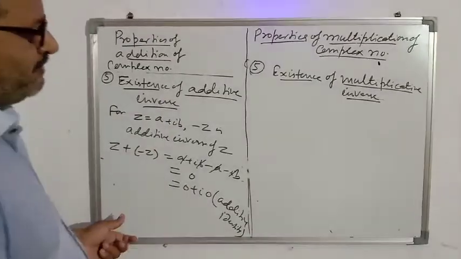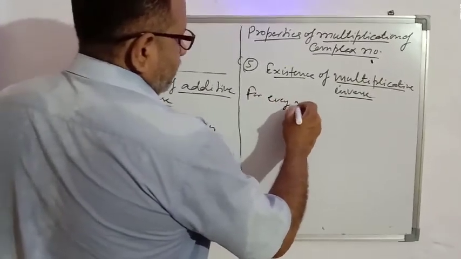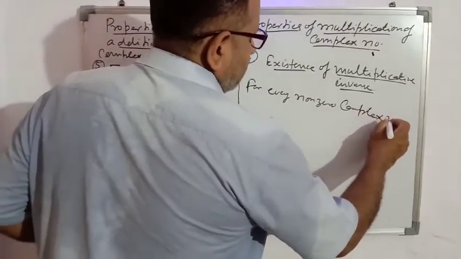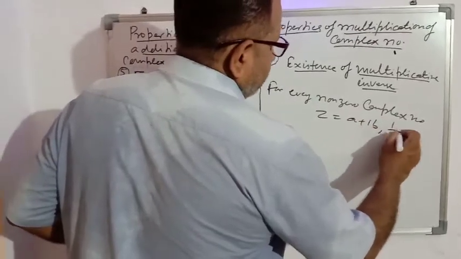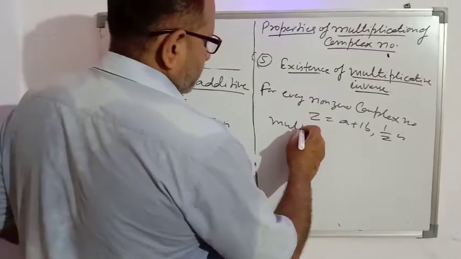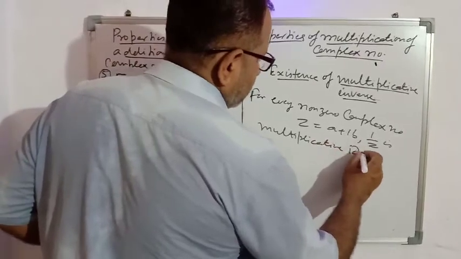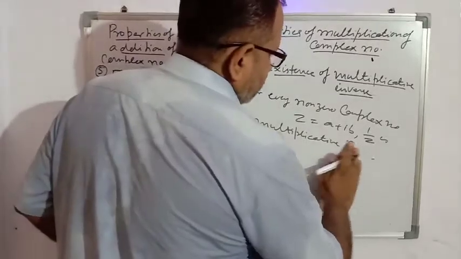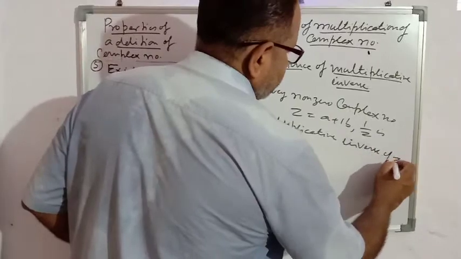Similarly, in multiplicative inverse, for every non-zero complex number z, a plus ib, 1 by z is the multiplicative inverse of z.